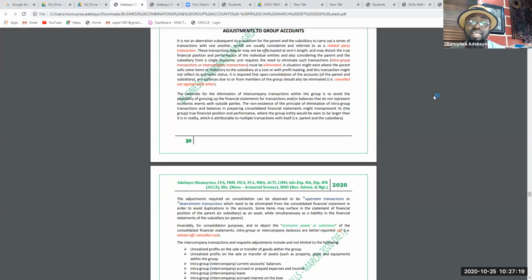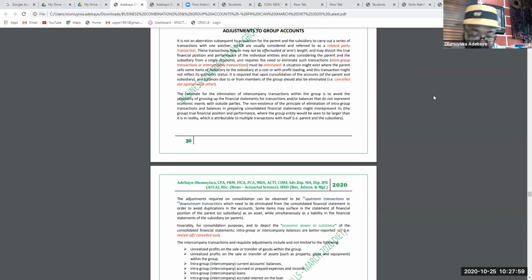But if that profit is as a result of transactions that were carried out between the parent and the subsidiary, such that the final impact has not left the group by way of dealing with external or third parties, such profit will be considered unrealized because it is yet to be appropriately earned by the group, even though it might have been appropriately earned by a member of the group. But it is considered not to be appropriately earned within the group because that burden has not shifted from one member of the group to the third party.